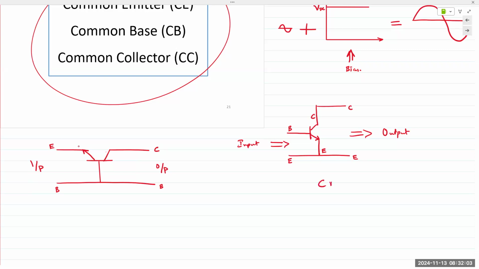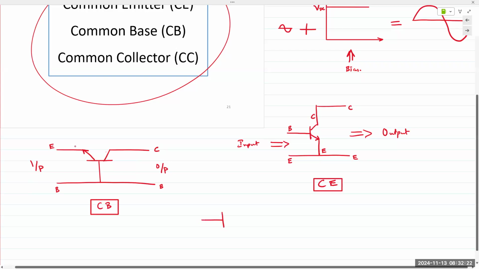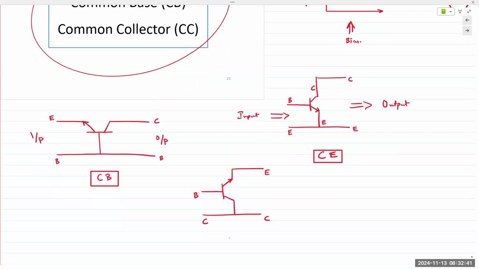So this is CE. CB. And then the common collector, this would be the CC mode.